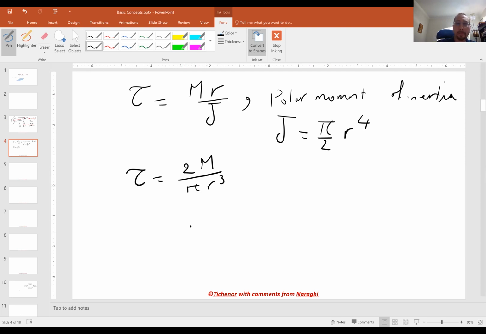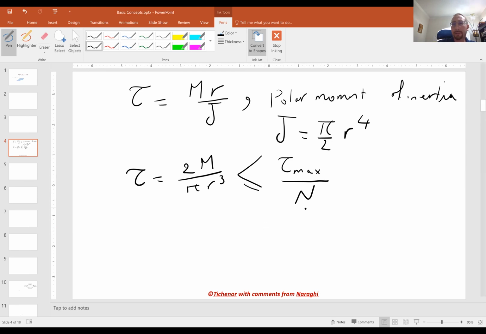Now, for the cylinder to survive, this has to be less than or equal to tau max, the maximum tau that the material can take, the strength of the material, divided by a safety factor n.